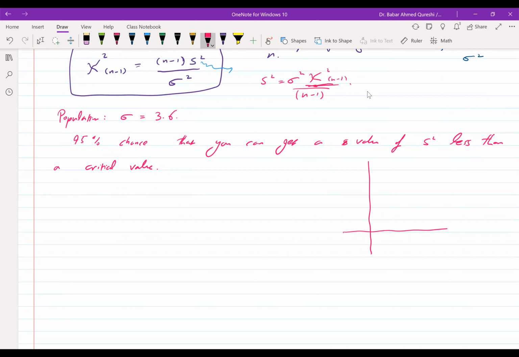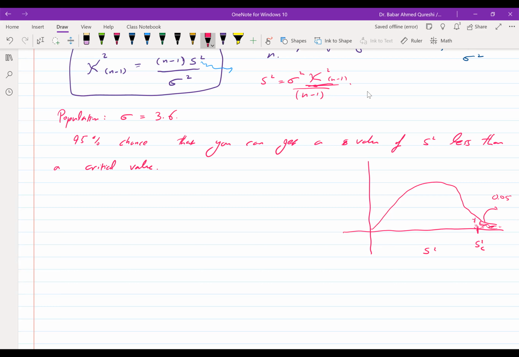So this S square takes certain values, and over here there will be a critical value of S square, that having S square more than this, so you have certain distribution. This area is only 0.05 because the total area is 1.